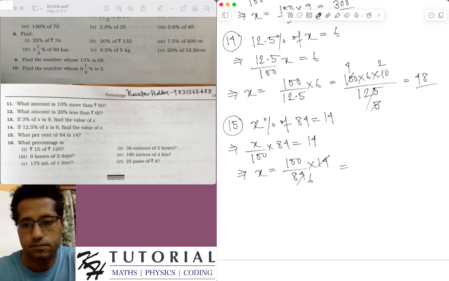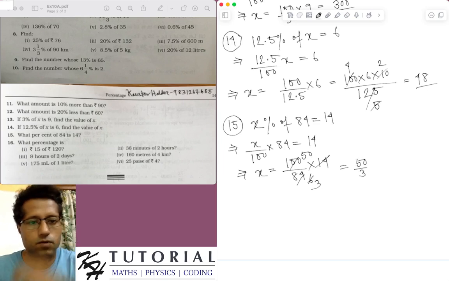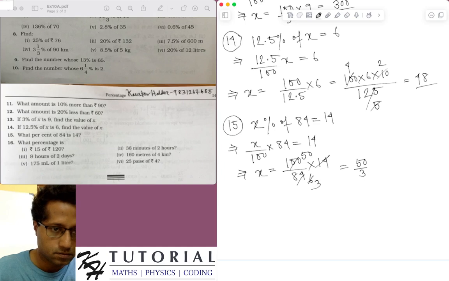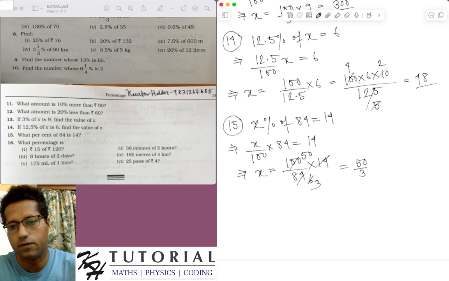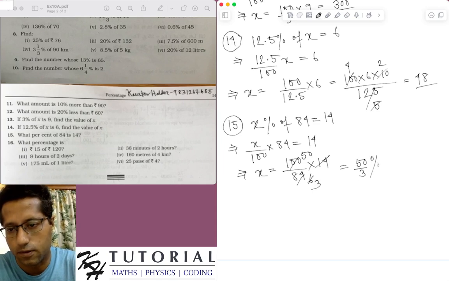100 by 6, 50 by 3. What percent of x? Okay, so the x is a percentage. So 50 by 3 percentage.